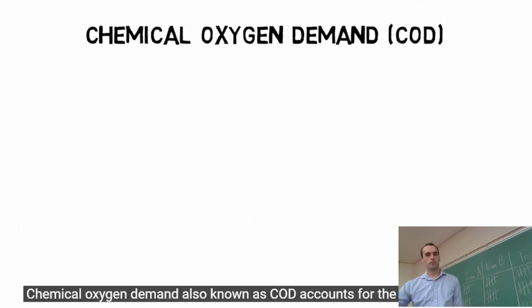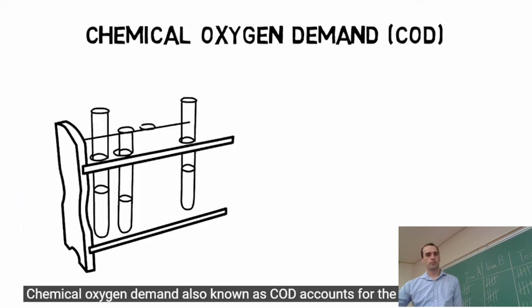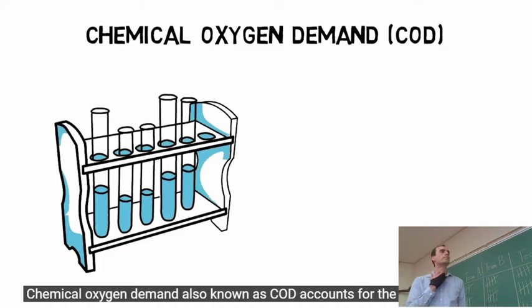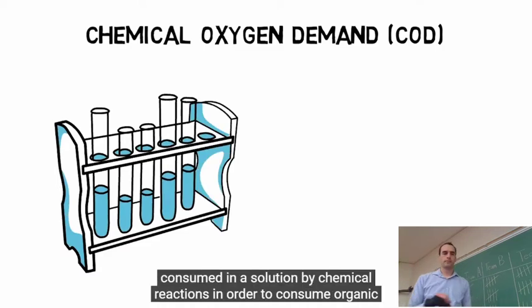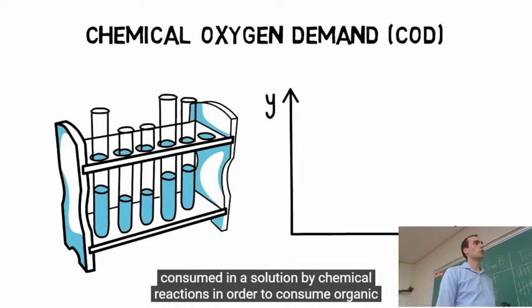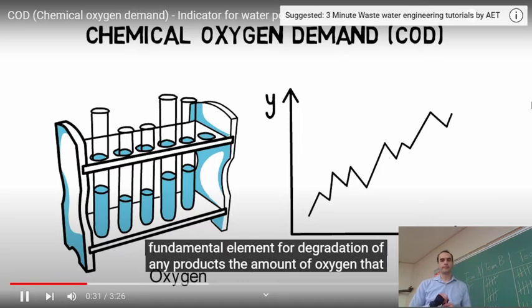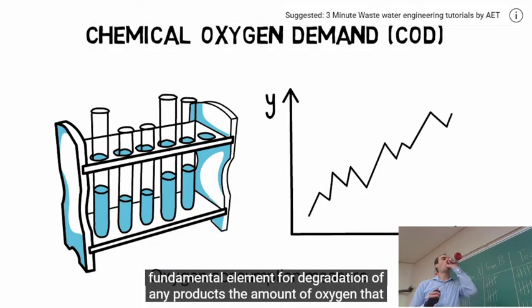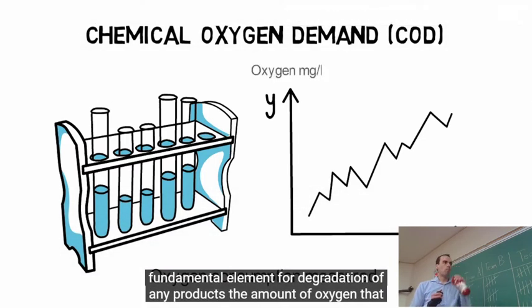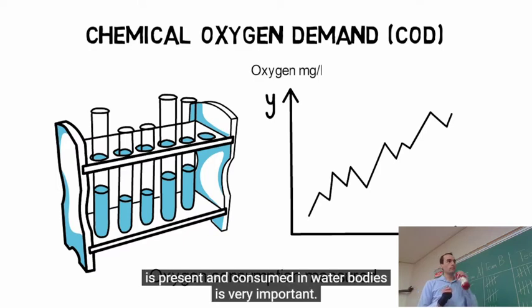Chemical oxygen demand, also known as COD, accounts for the amount of oxygen consumed in a solution by chemical reactions in order to consume organic contaminants present, typically measured in milligrams per liter. As oxygen is a fundamental element for degradation of any product, the amount of oxygen that is present and consumed in water bodies is very important.